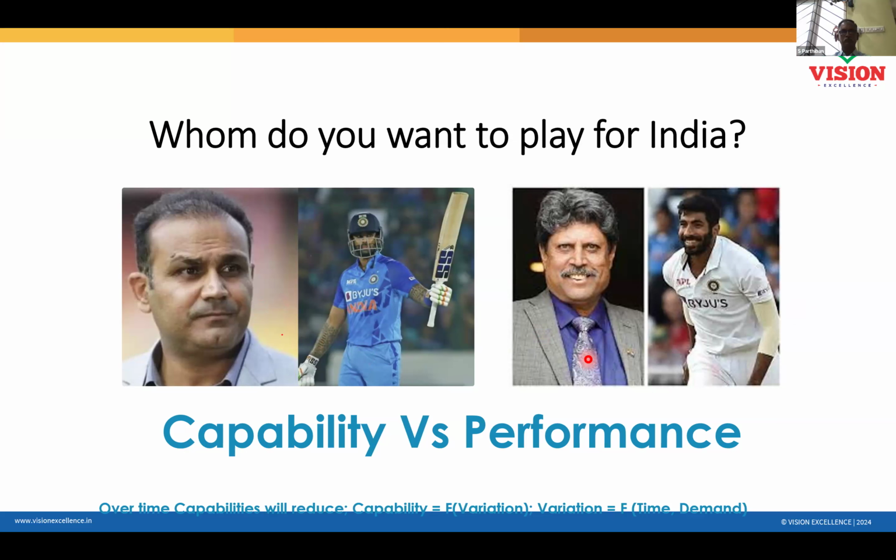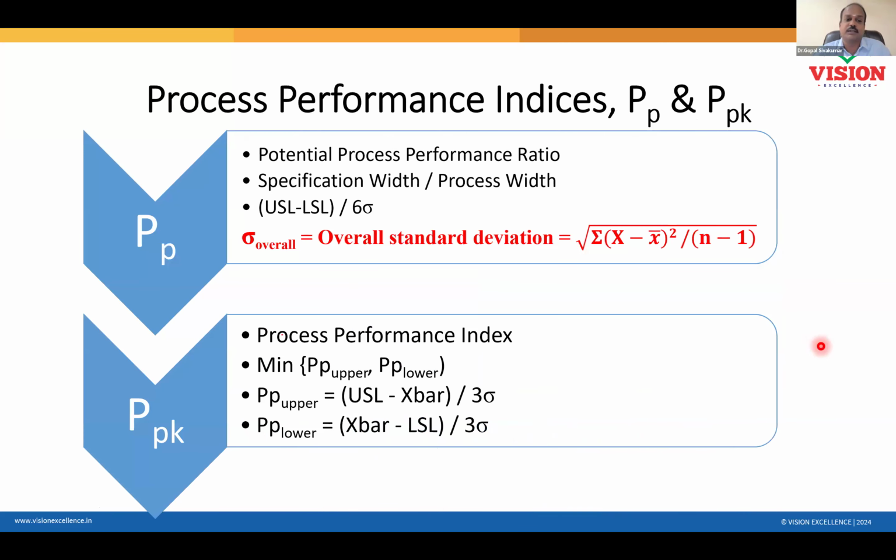Yes or no? Yes. That's why Dhoni has also now retired from the Indian team. It's not that easy to maintain the same control. So we should be prepared to monitor and decide based on the performance, not on the capability.